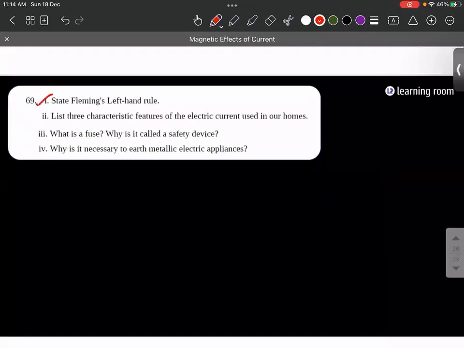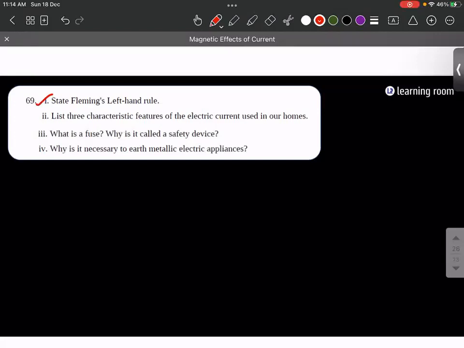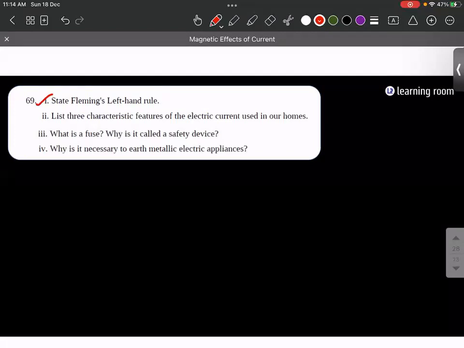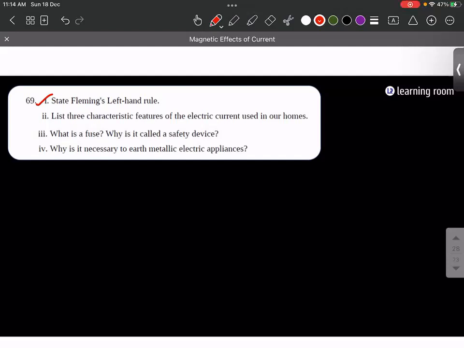State Fleming's left-hand rule. I've already told this. So state Fleming's left-hand rule.